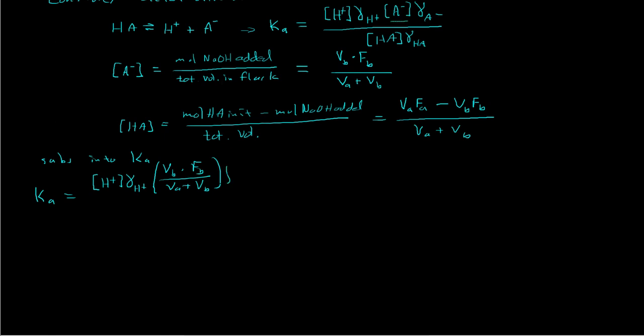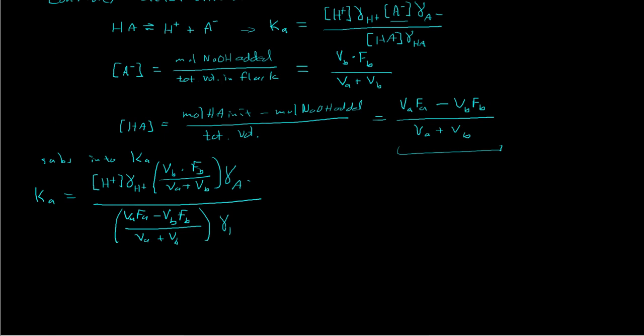And then A minus still gets multiplied by its activity coefficient. Then we divide by HA. So instead of HA, I'm going to write all of this stuff: VA times FA minus VB FB over VA plus VB. Just copying all that down. And that's still going to multiply our activity coefficient for the HA.